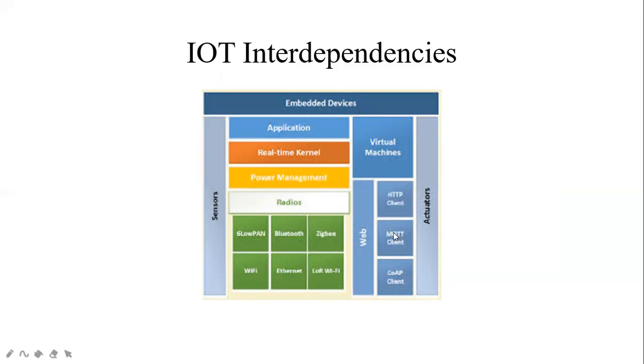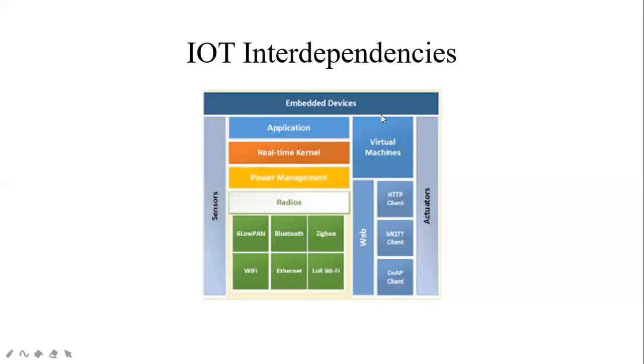What are HTTP and MQTT? You have your virtual node actually to connect your device to device. So basically these virtual machines, HTTP and MQTT, are nothing but your virtual node. So these are the layers which come between your sensors and applications.